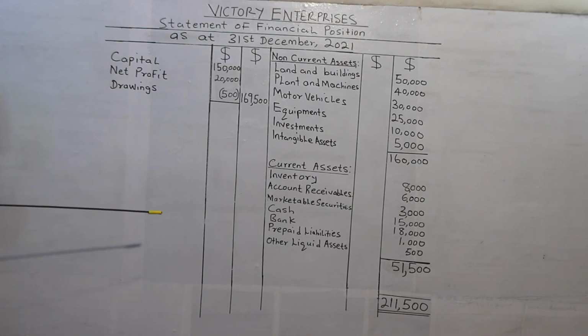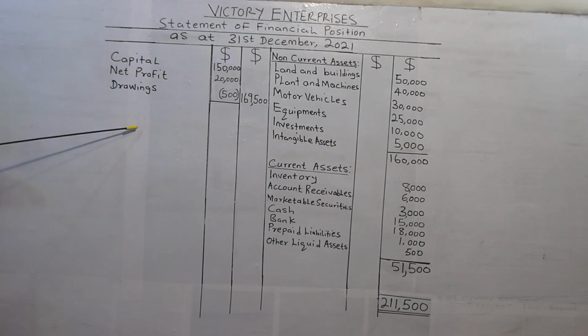Of course, that will compel Victory Enterprises to bring to play other sources of finance like the non-current liabilities. So under the non-current liabilities, we are going to be looking at the long-term loan and other forms of finance.